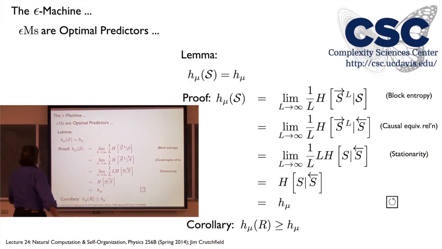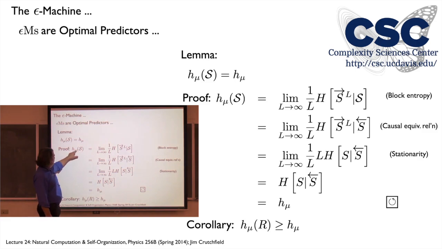A couple of quick observations. Remember, we had how random the process is based on different rival models. Well, you can show that if we choose the causal states, we actually end up with the process's entropy rate. Not surprising, because knowing the causal states is as good as knowing the past of the process. They just have to be good, concise summaries of it. So how do we do this?